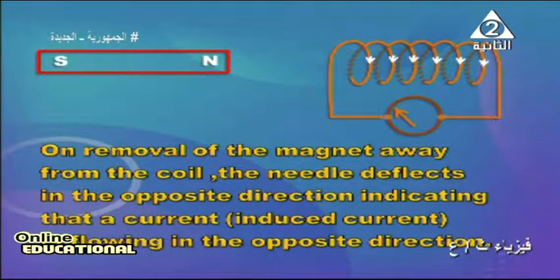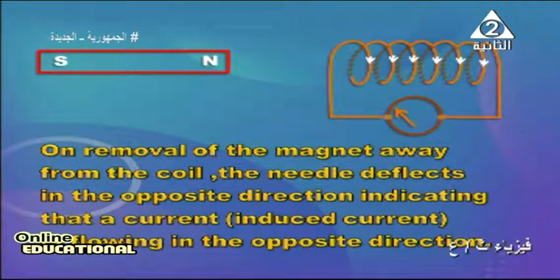The question is why? The magnet is moved away. We've got a changing magnetic field. It increases or decreases; as long as we've got a changing magnetic field, the only thing that differs is the direction of the current. When approaching, it shows the deflection in one particular direction. On removal, it shows deflection in the opposite direction.